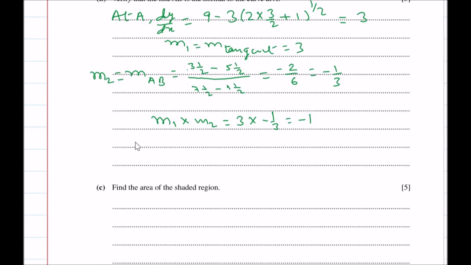So we can write line AB is the normal to the curve at A. Therefore line AB is normal to the curve at A. So we are done with this.